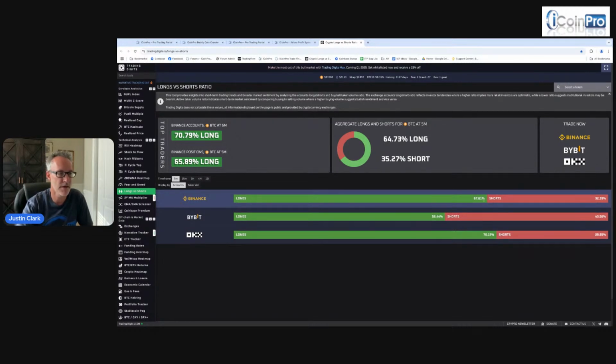I mean, even at 67, but the odds increase more dramatically when it goes over 70%, and it creates a more dramatic drop in price from all of these people just getting liquidated en masse and squeezed out of the market. That's why it's called a long squeeze. So anyway, we'll just have to see what happens there.